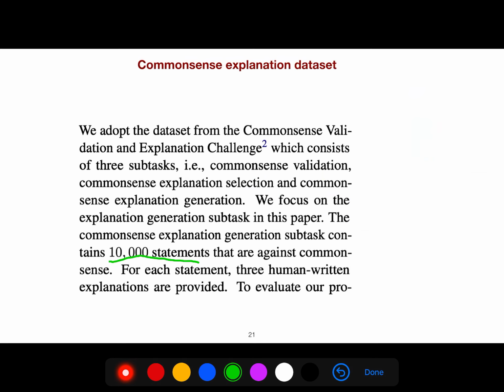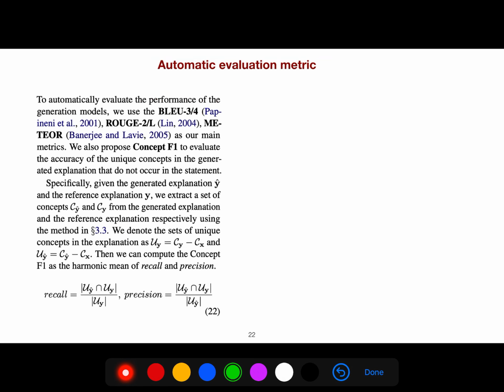And you have a common sense explanation dataset. It has 10,000 statements that are against common sense. So we assume that they are against common sense, and that argument attacks the source argument. We use recall, precision, and F1 score, and for evaluation we use these measures as well.